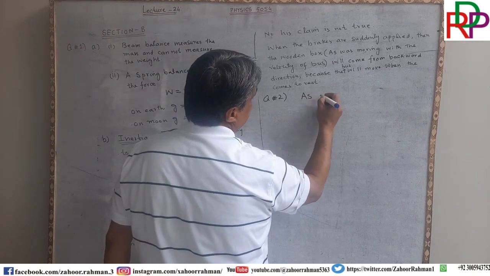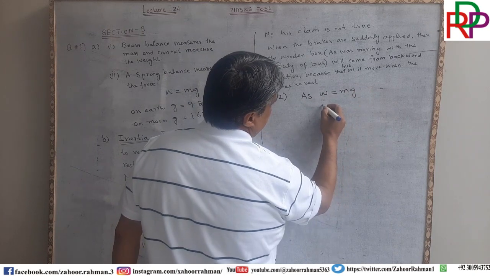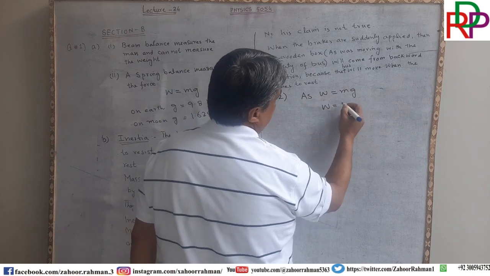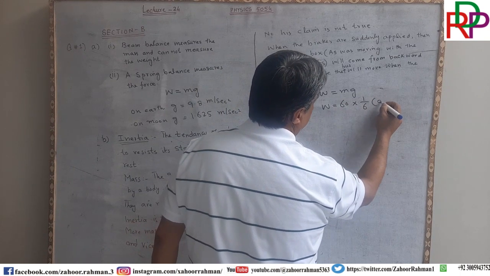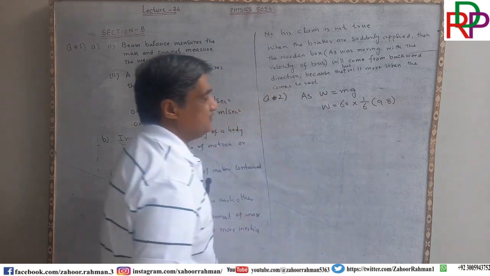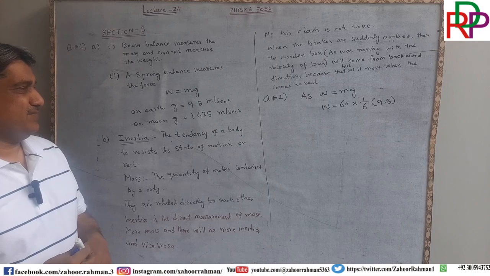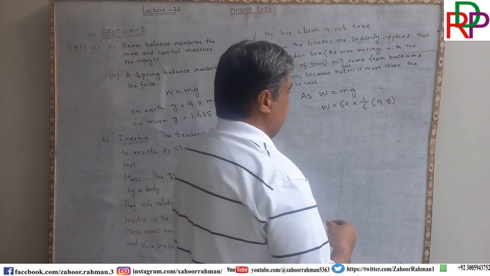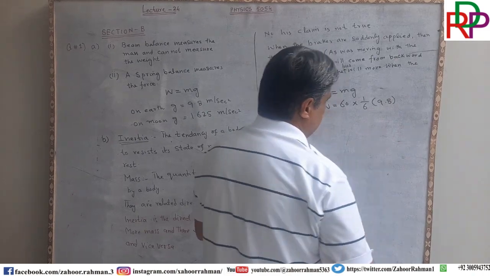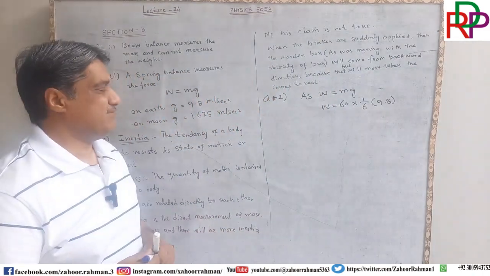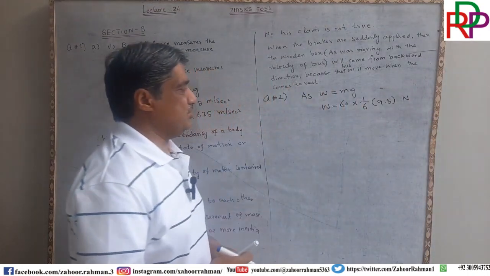W is equal to mg, so W is equal to 60 into 1 over 6 of 9.8, because it is given in the question that it is 1 over 6 of g.